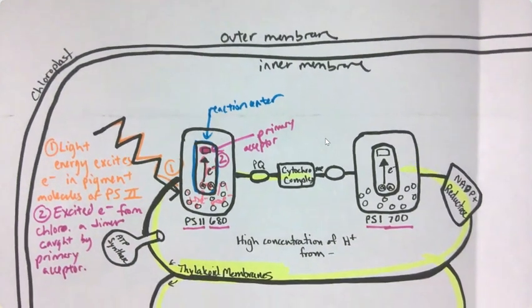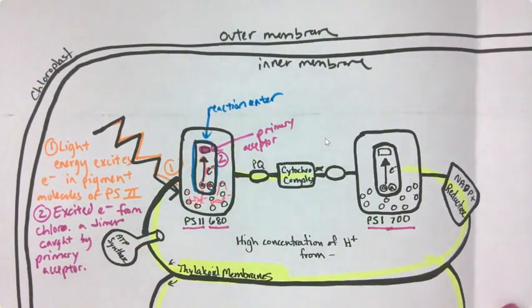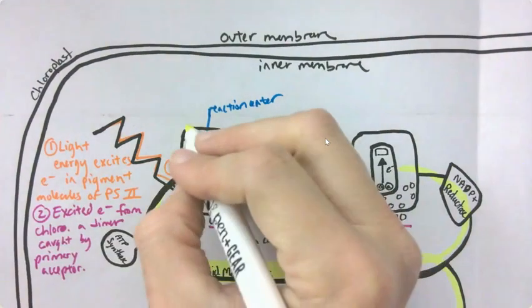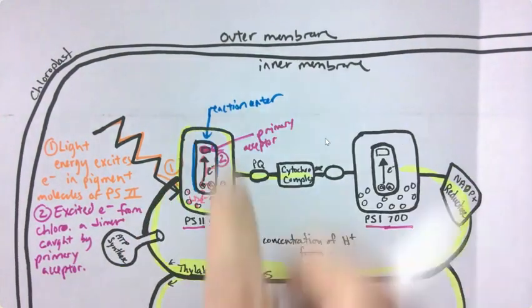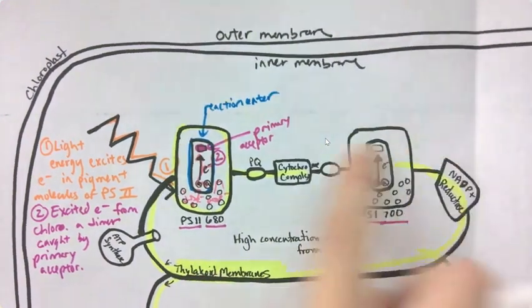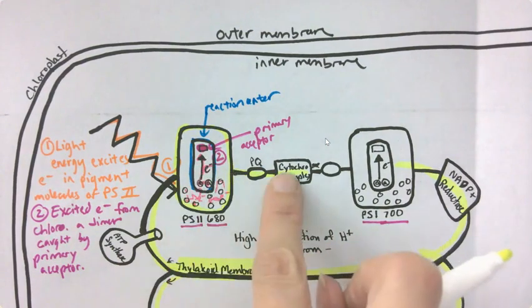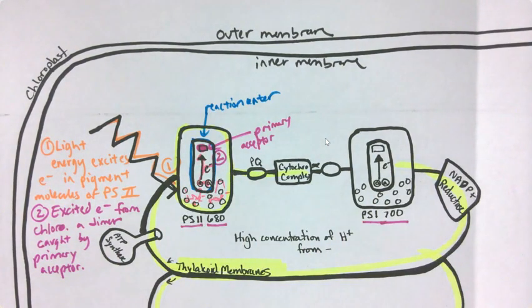So all of that's review. We have these excited electrons right here. This whole photosystem, you guys, is embedded in this thylakoid membrane, and this thylakoid membrane is made up of a phospholipid bilayer. Imagine phospholipids all around this with embedded photosystems in there.